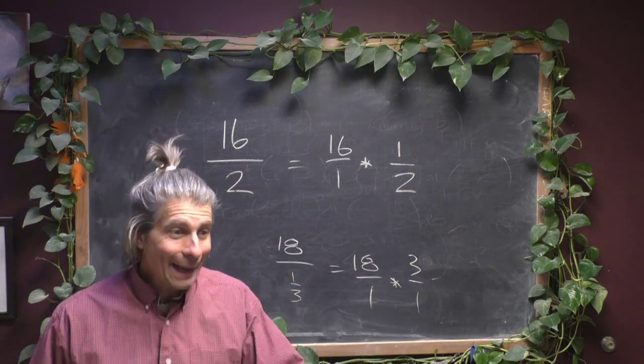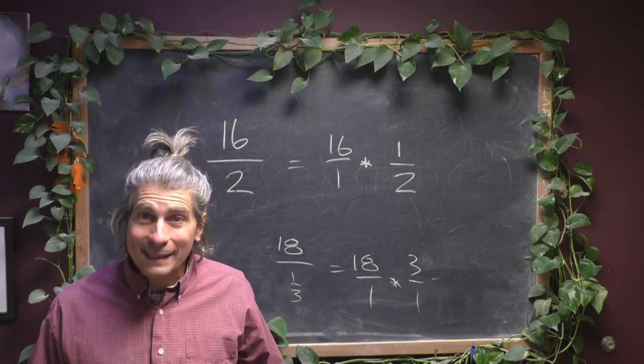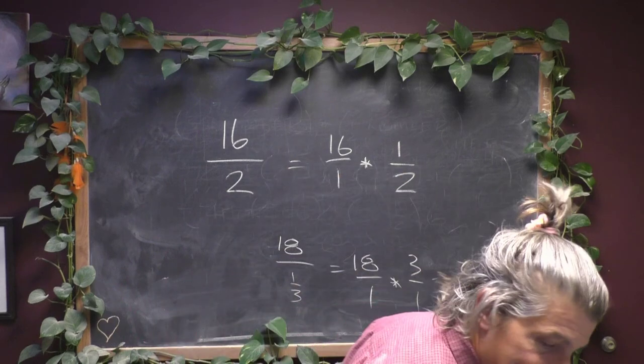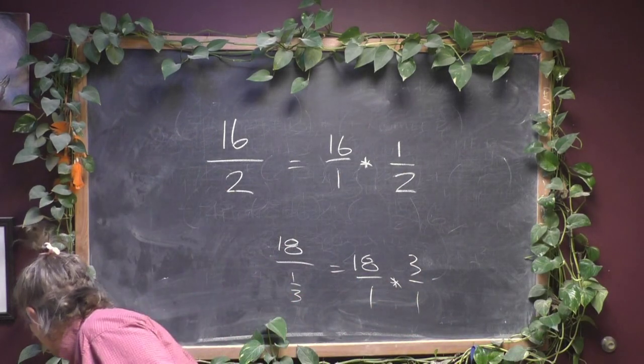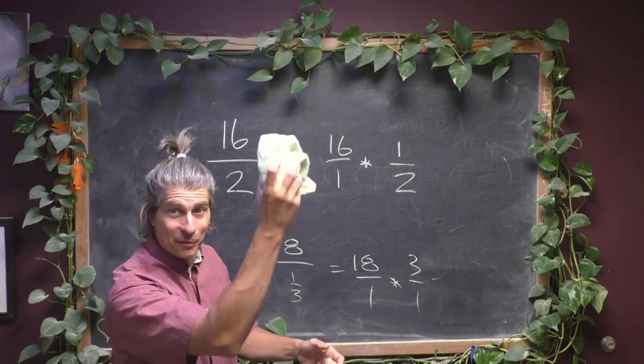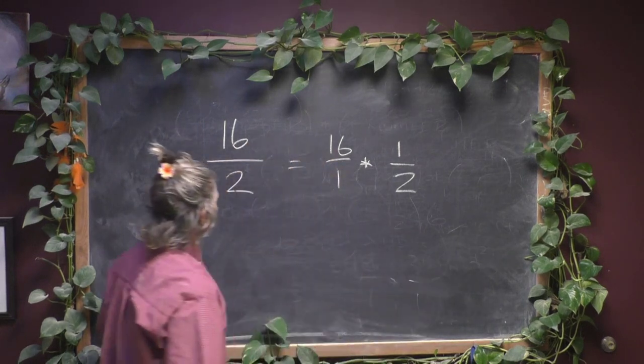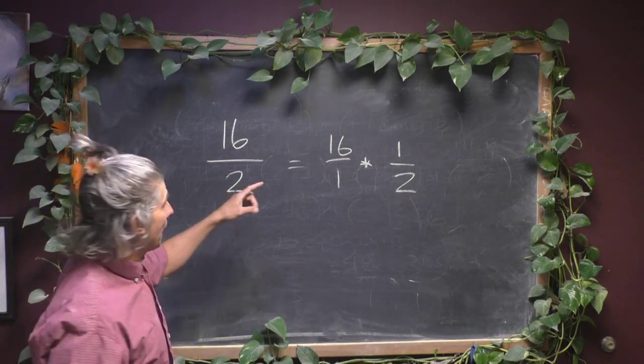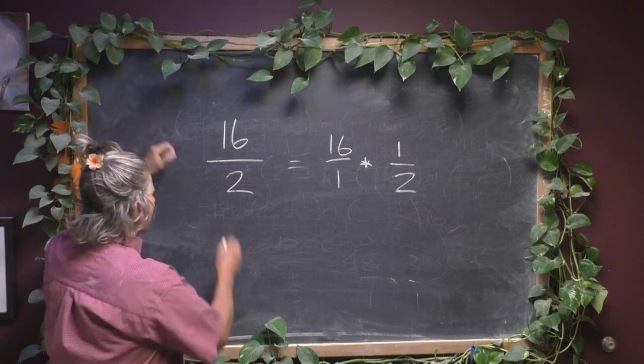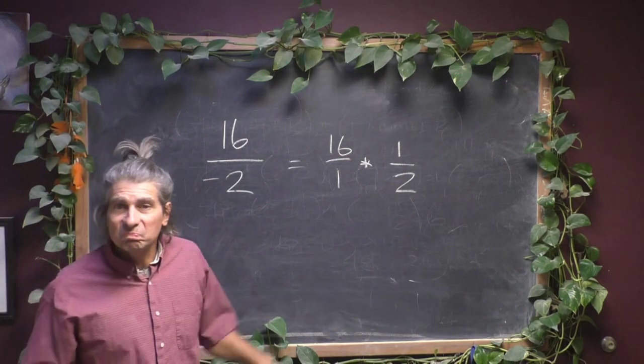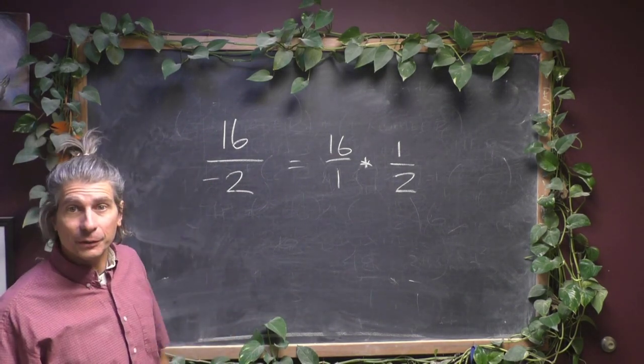And that's why number 24 makes sense. Because as soon as you take away this fictitious example here, there we go. Sorry, I just did a 360 looking for my eraser. And let's stick a negative sign in here. 16 divided by negative 2, for example. Why should that be a negative result?